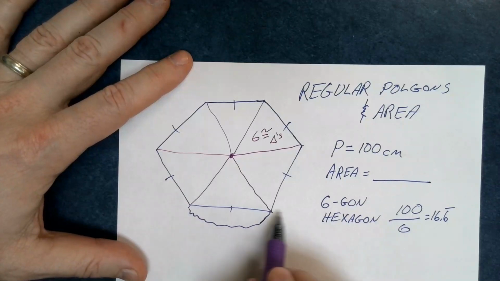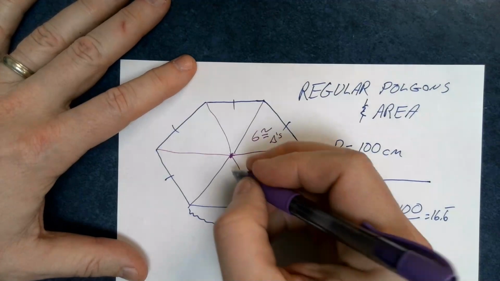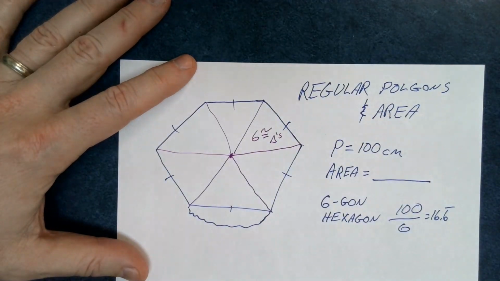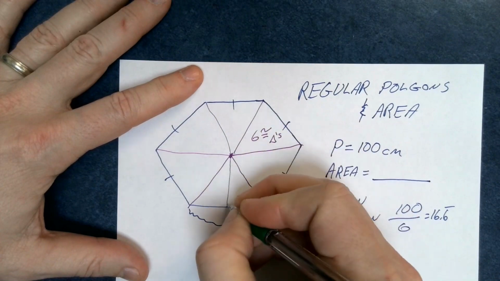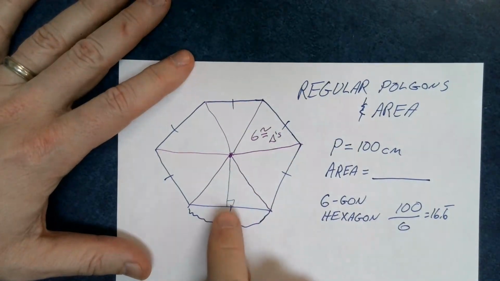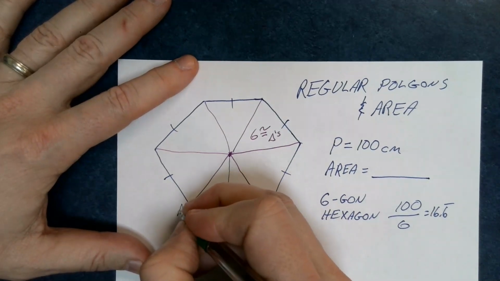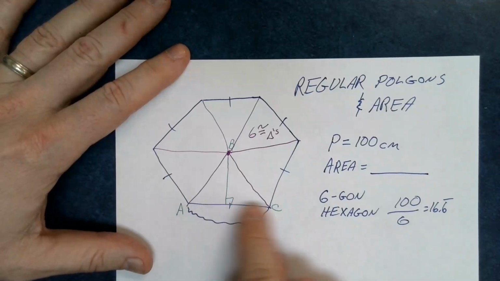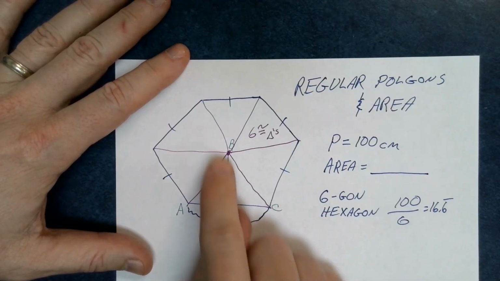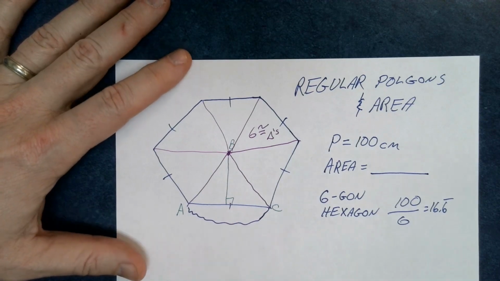Now I just found out this is a base. So if I can find this length right here, that goes straight down to this spot here, that's the height of triangle ABC. Then I can do the base, which is AC, times the height, which is B down to here, times a half, and get the area formula for a triangle.